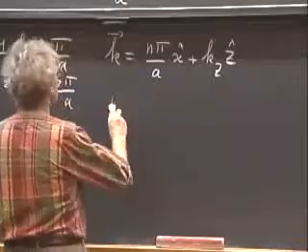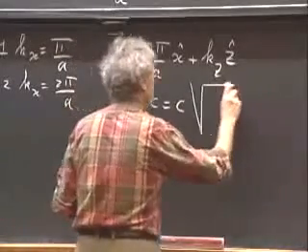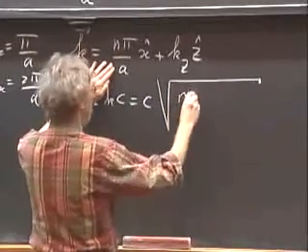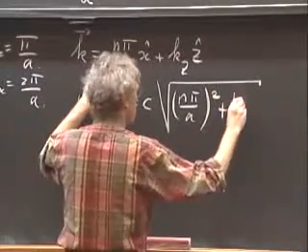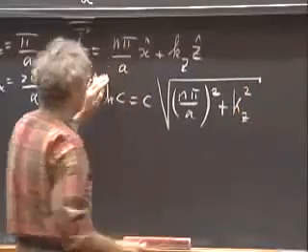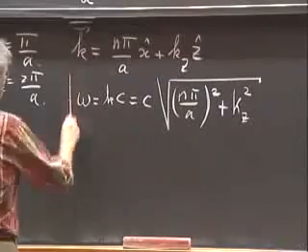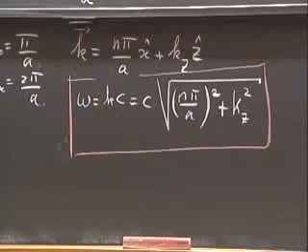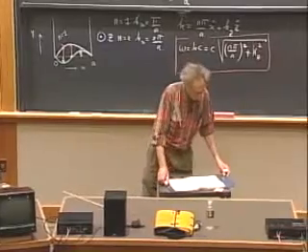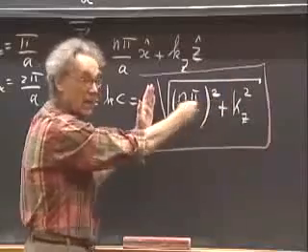And omega, which is kc, is therefore c times the square root of (n pi over a) squared plus kz squared. And this equation is one that I had on the blackboard earlier, before we understood why it was that way, when I discussed with you dispersion. This is called the dispersion relation. This, by the way, under the square root is simply k.